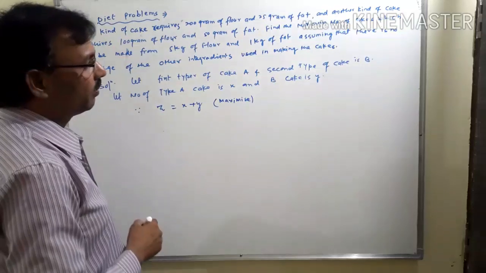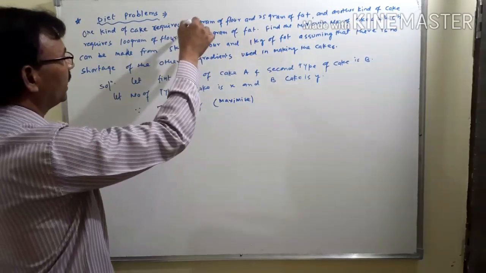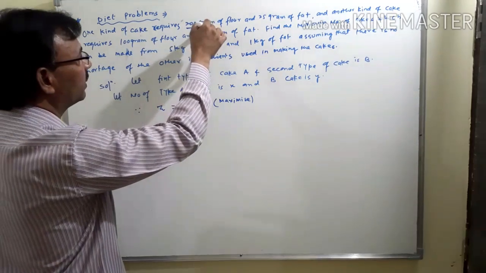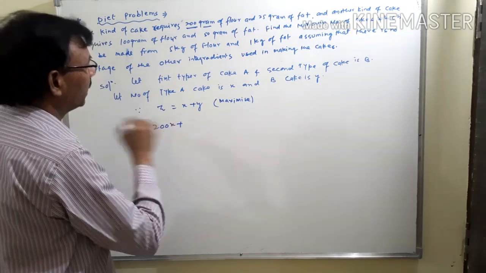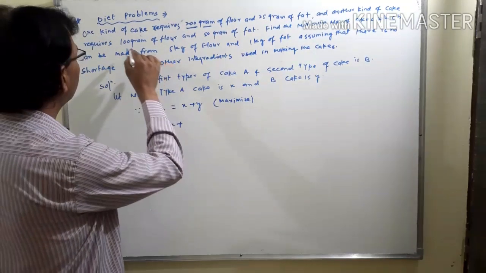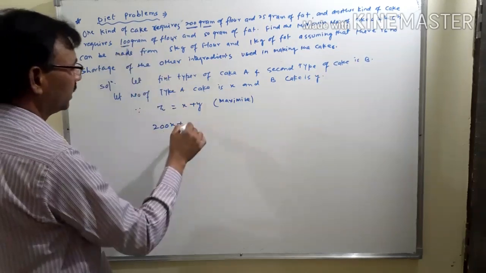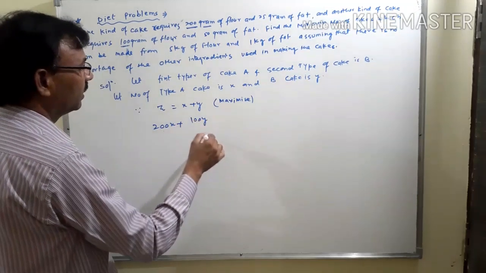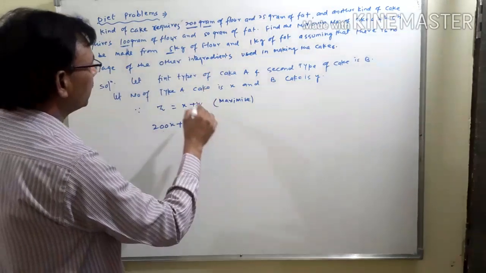Now we will form the constraints. Here A type of cake requires 200 gram of flour, meaning 200x plus, and B type of cake requires 100 gram of flour, that means 100y. Availability of the flour is 5 kg.